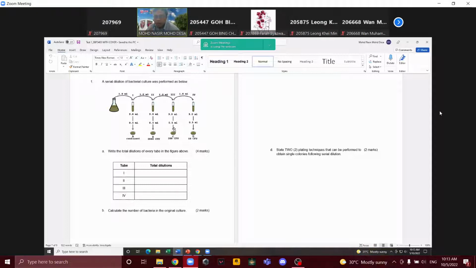So to report the reading, first, of course, you will have to pick up the right one, which is plate number 3, which has 200 colonies, within the range. Then multiply by the dilution factor, which is 10 to the power of 3.